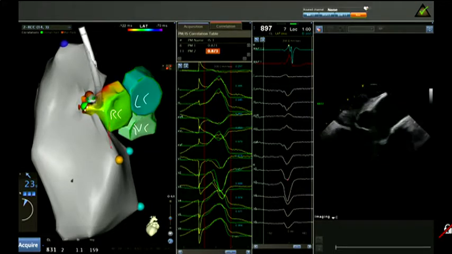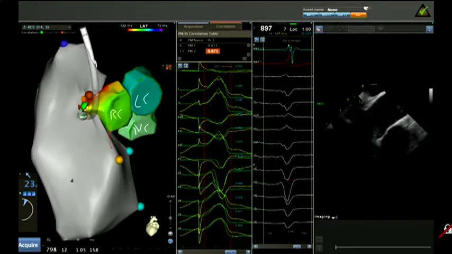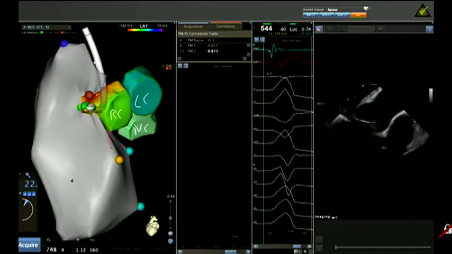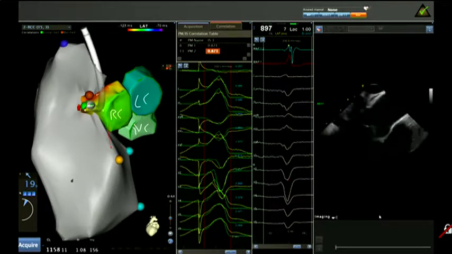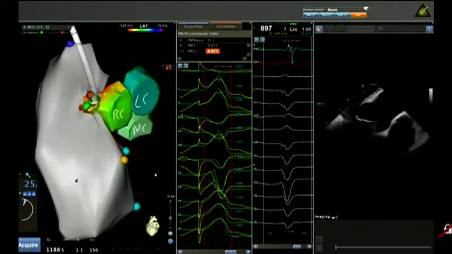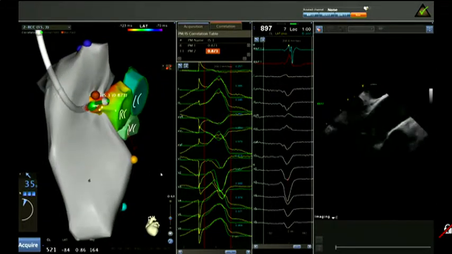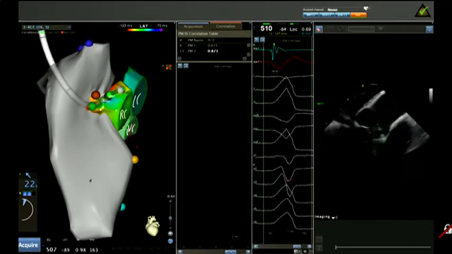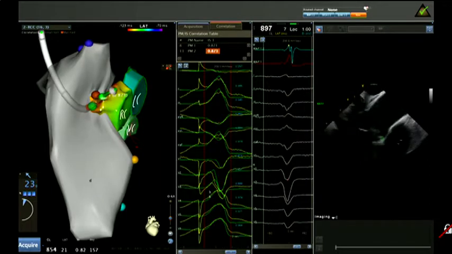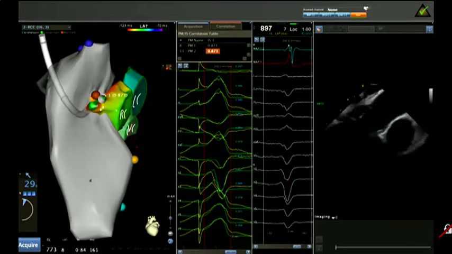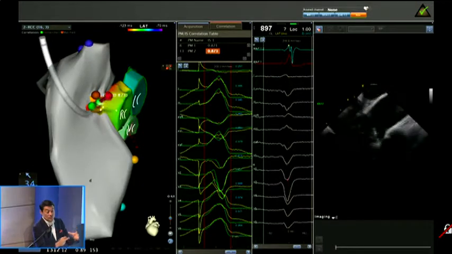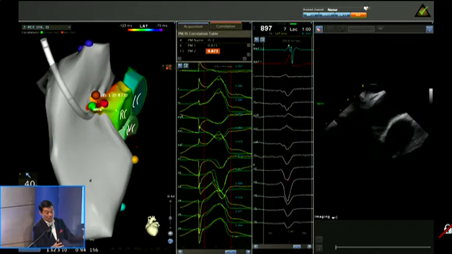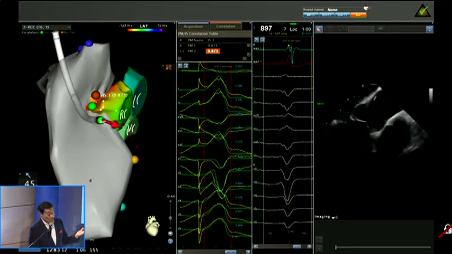Dr. Natale is saying, whilst these algorithms are very helpful, obviously we must keep in mind that algorithms have limitations. But those limitations are also related to the pace mapping itself. Remember that depending on pace mapping, whether it's unipolar or bipolar, specificity can be higher, and also depending on the rate of pacing, you can get some misleading information because you capture not just the local tissue but neighboring tissue, and that can be confounding because you are capturing a broader front.